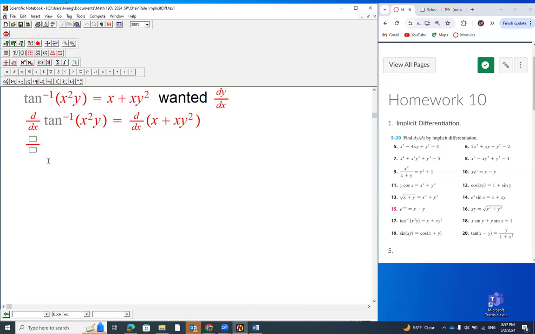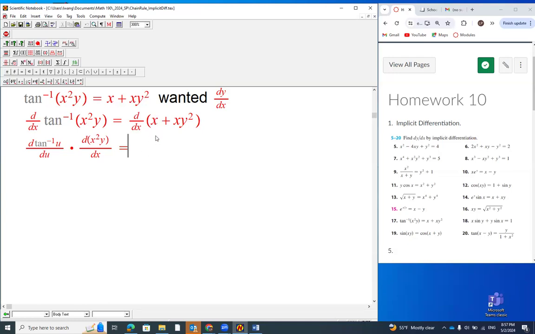Chain rule. Okay, so derivative with respect to u of arctangent u, and obviously u is x squared multiplied by y, right? And then the derivative of u with respect to x. And u is the whole thing in the parentheses right here. On the right-hand side, we got the sum of differentiation and the product.